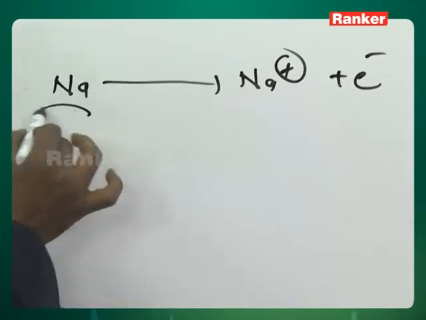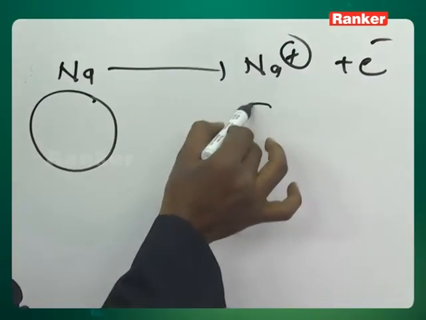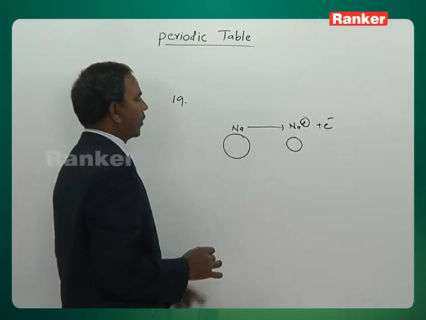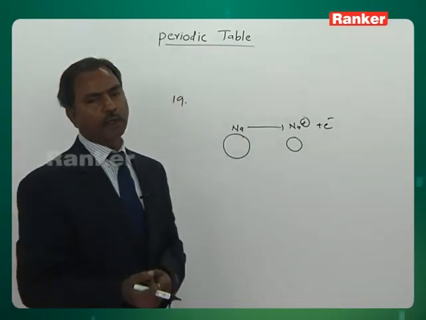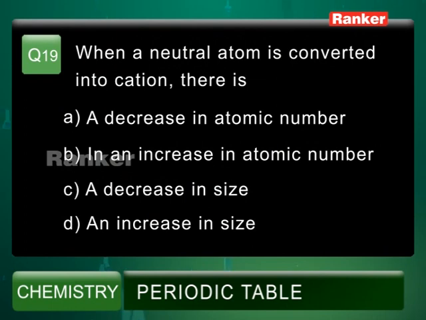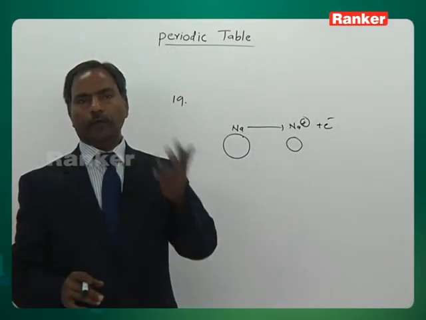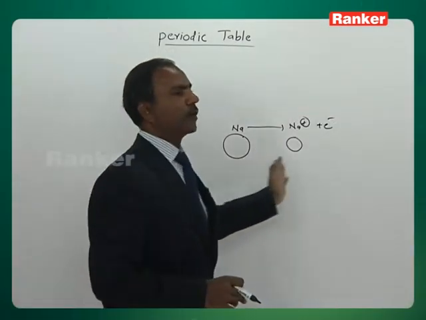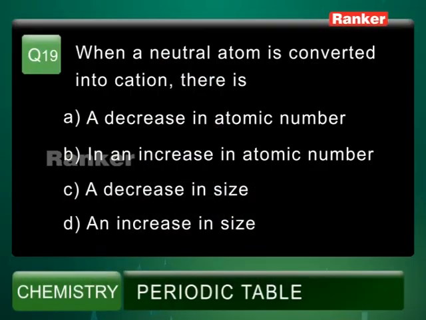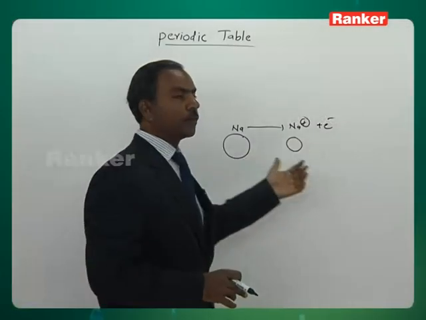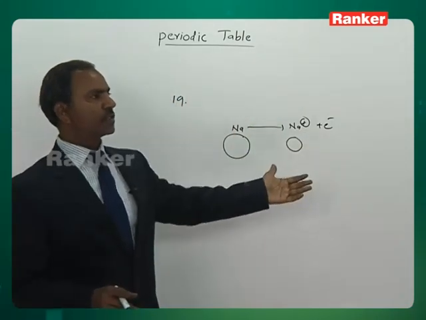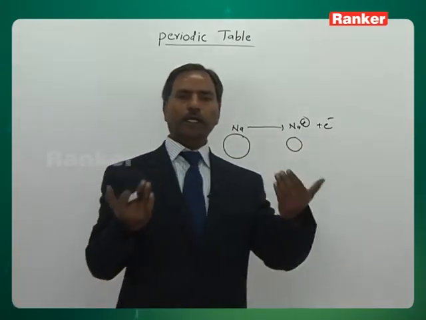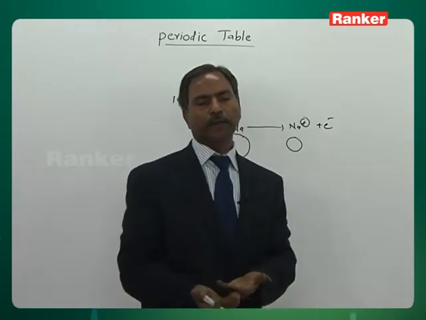The neutral atom is a little bigger and the cation is smaller. Therefore, atomic size is decreasing. Atomic number equals number of protons, so there is no change in the number of protons. Only the electron changes, so there is no decrease or increase in atomic number.